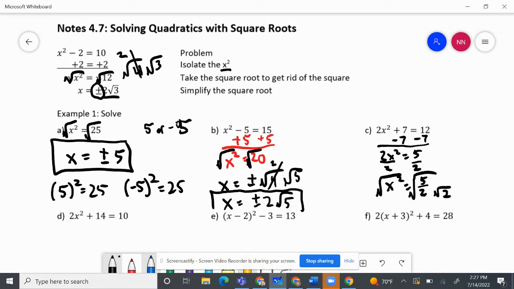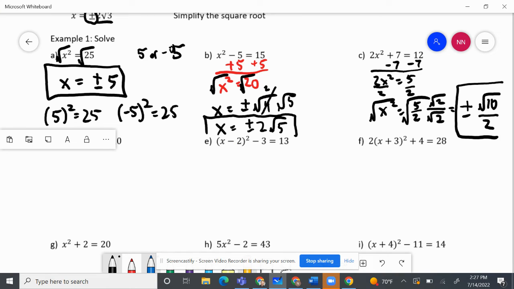So we have to rationalize it. Rationalizing is making sure that there's no square root in the denominator. And what we get is plus or minus square root of 5 times 2 is 10, so the square root of 10. 2 times 2 is 4, and we know the square root of 4 is 2. So we have plus or minus square root of 10 over 2.